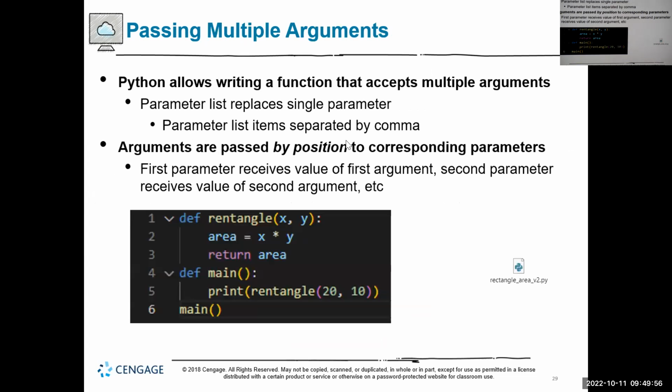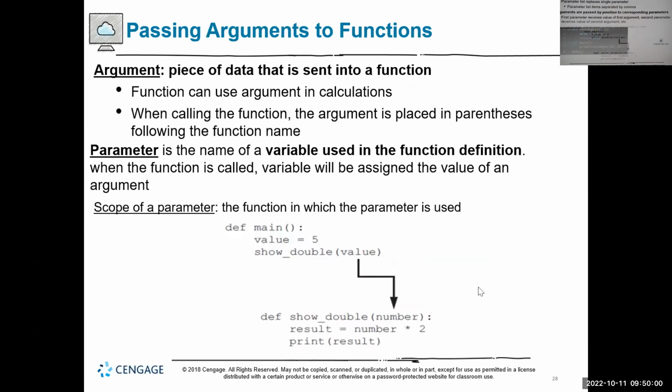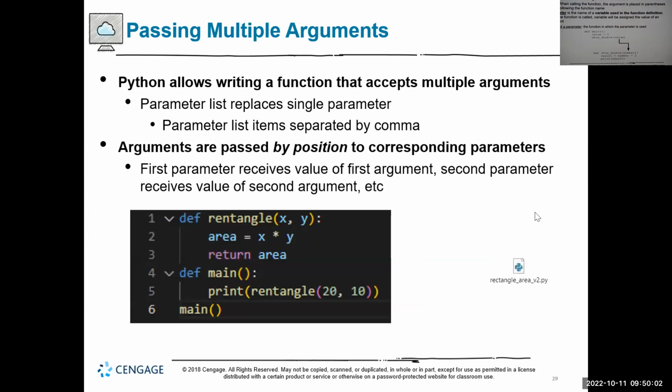Okay, and in some cases you want to pass multiple arguments. For this one you only have one argument, but in some functions you might have more than one argument, more than one parameter. For this example, the function rectangle here has 2 parameters, right?